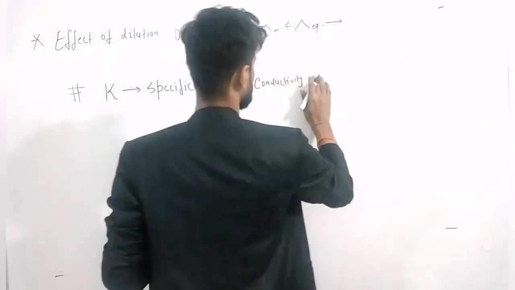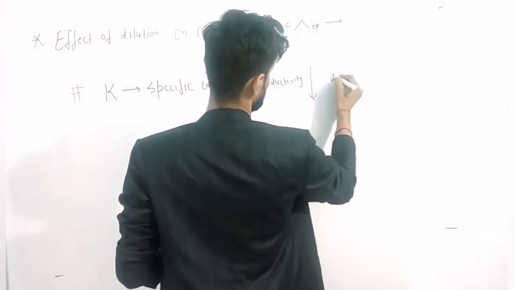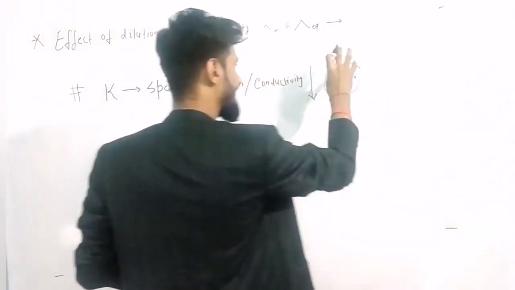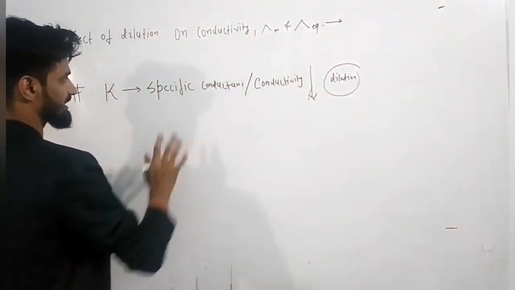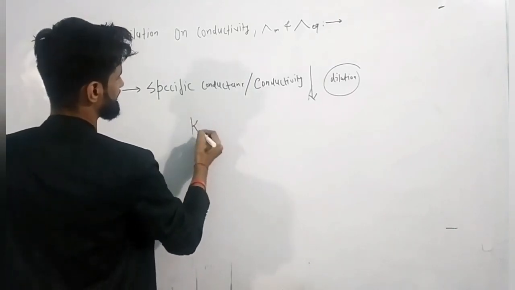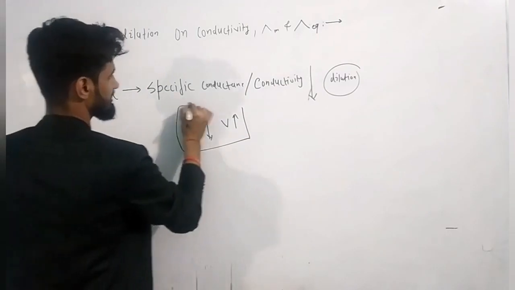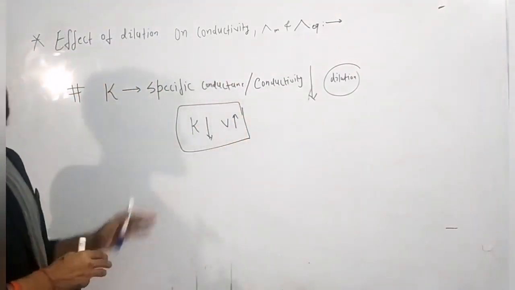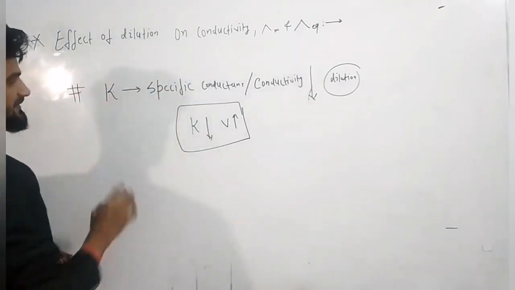If you dilute the electrolyte, it will always decrease. Conductivity decreases, meaning kappa decreases, when you increase the volume of the electrolytic solution. You only have to remember this. Now understand, kappa is going to decrease.